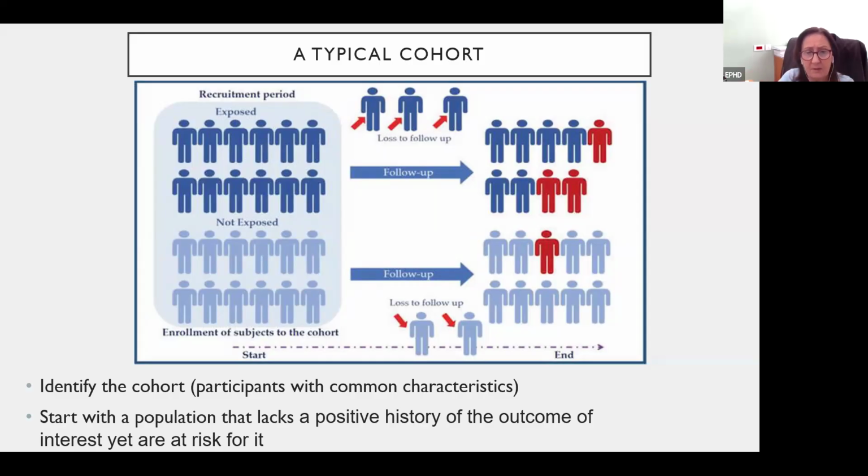Sometimes we select a cohort, and when we assess, they have the outcome. So these people have to be removed, I mean, we select them out, or we take note that they have the disease, so therefore they are not part of the cohort, because they are not at risk of developing the outcome.